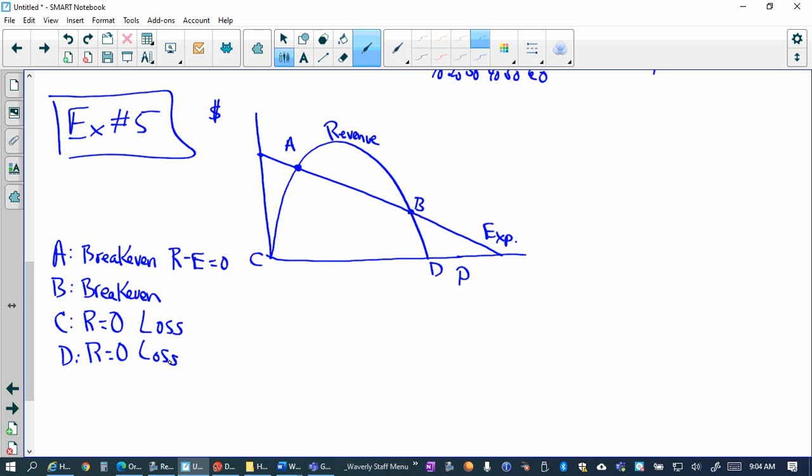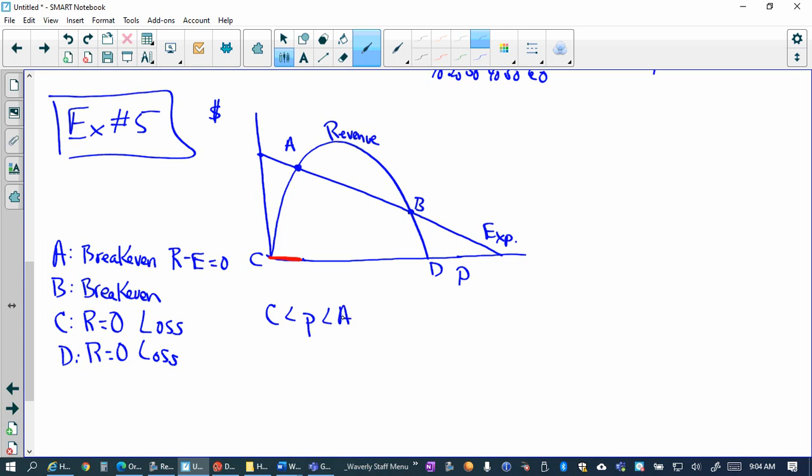So where do we find a loss? When the price is between what two letters? C and A, right? So if we have a price set between, in other words, if price is greater than C and less than A, right?